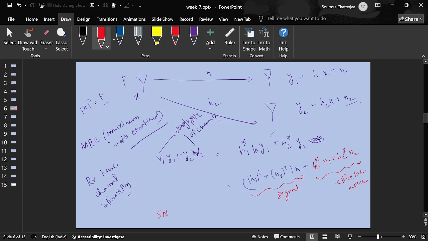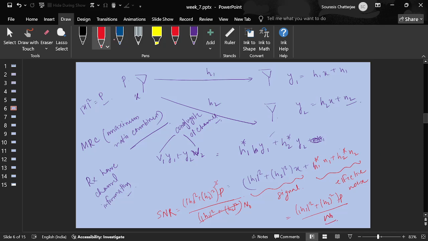So my SNR now becomes H1 squared plus H2 squared, whole squared, times P divided by H1 squared plus H2 squared, and of course we'll have N naught here. So it will be H1 squared plus H2 squared, times P over N naught.